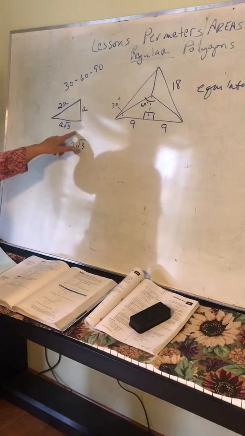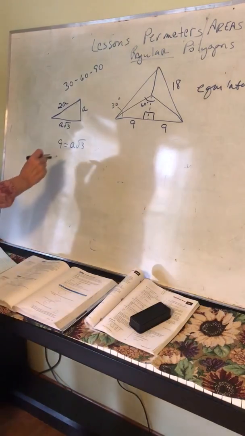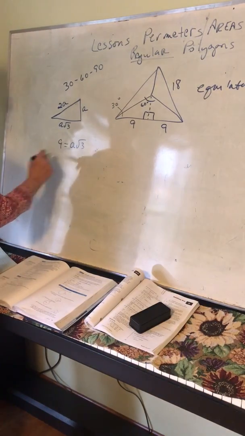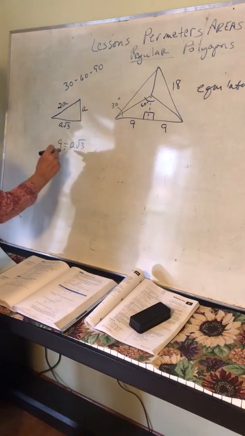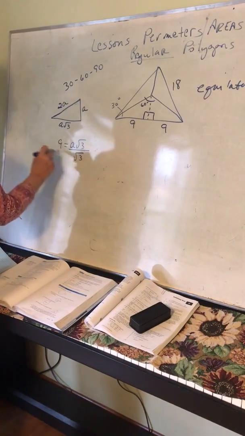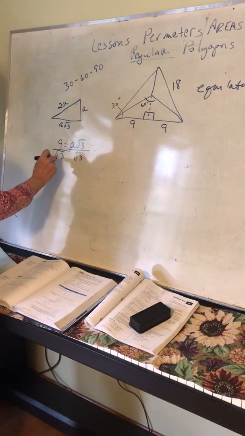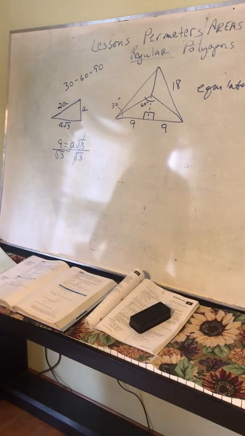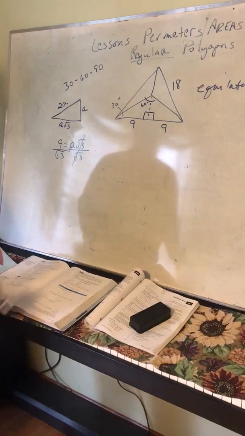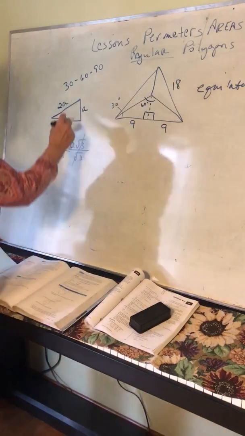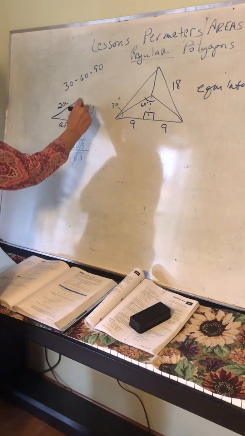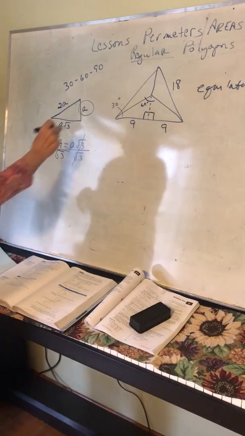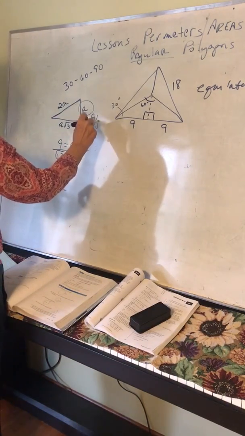That's our straight up and down height, our altitude. We can rearrange this and get A by itself and determine that A is equal to 9 over the square root of 3.